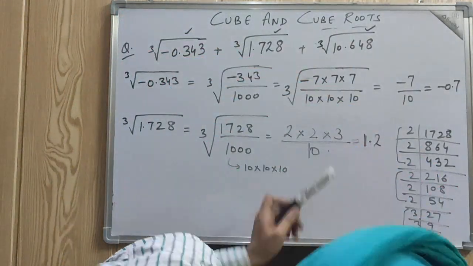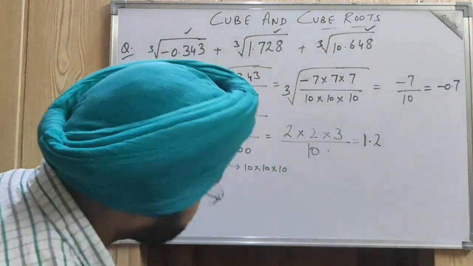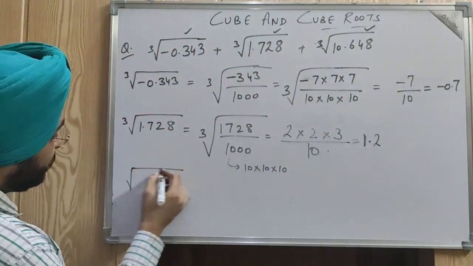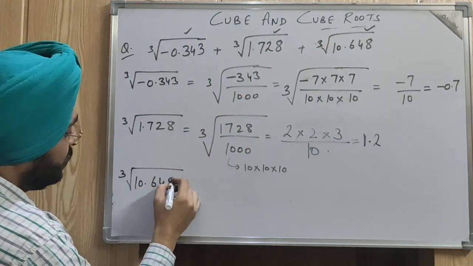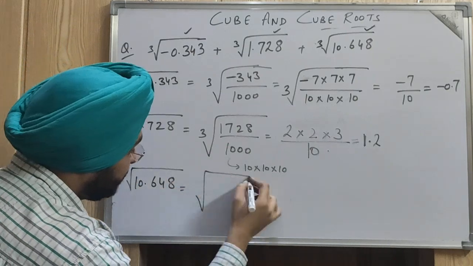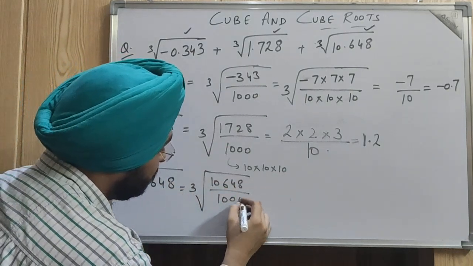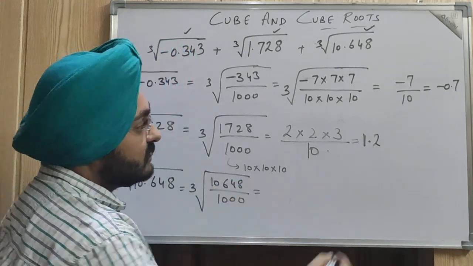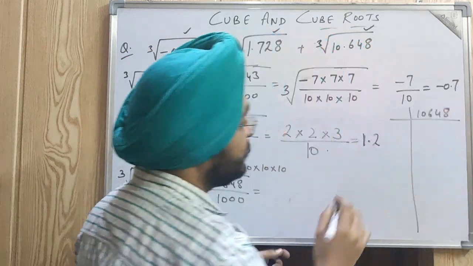Okay, now coming to the next, 10.648 here. So finding the cube root of this one, 10.648, it can be written in this way: cube root of 10648 divided by 1000 again. Now start doing the prime factorization of this one.